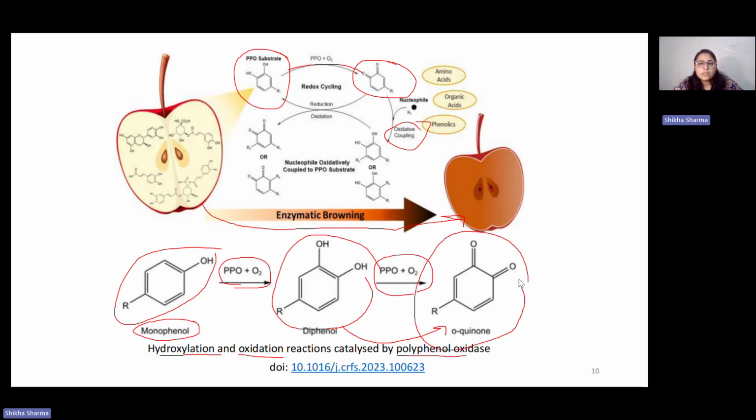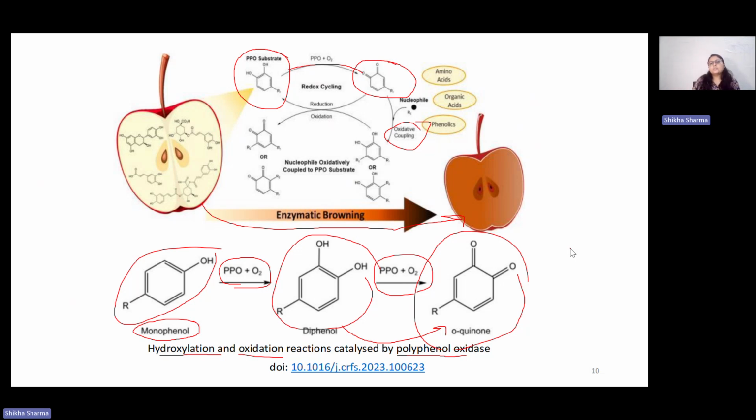This is the product which is going to help in the browning. These compounds are formed and they are oxidized, and some products are going to be reduced.